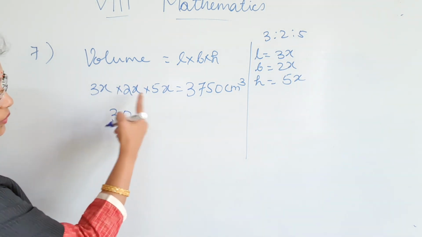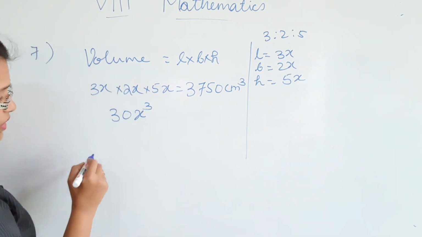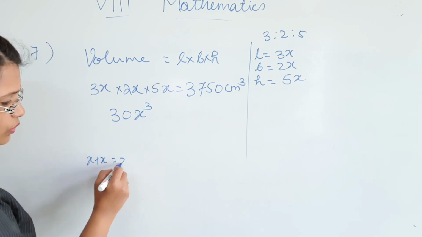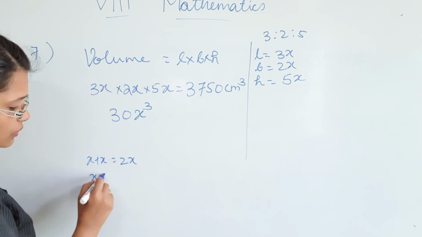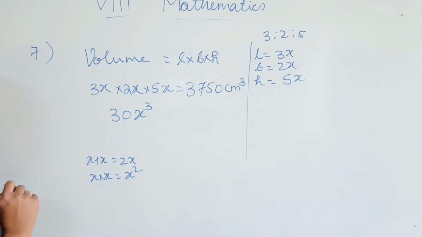Here x into x into x, that means x cube. If it is x plus x, it is 2x; x into x means x square. Clear?